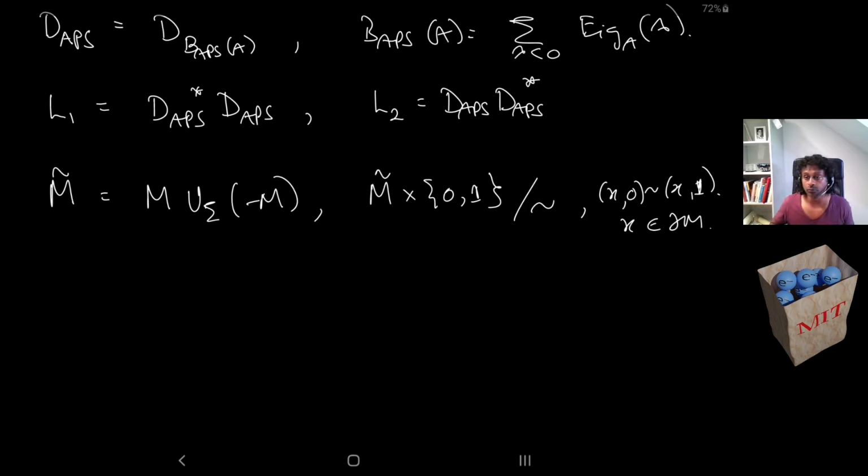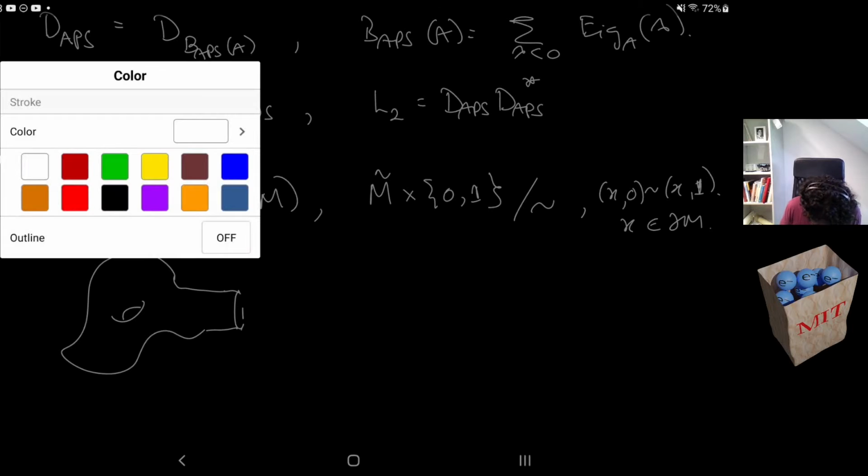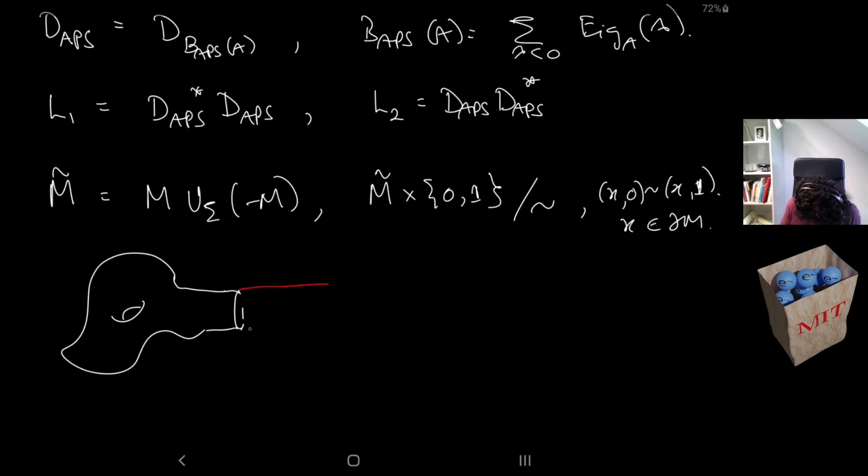That's how you form the double. It is exactly what you would expect: you have a manifold with boundary, you take another copy of it and stick that copy on, like so. We double by gluing along the boundary.